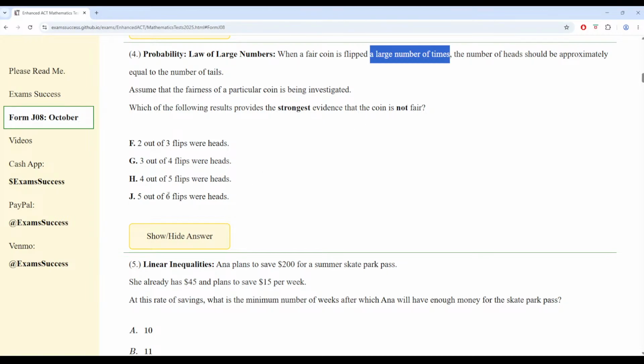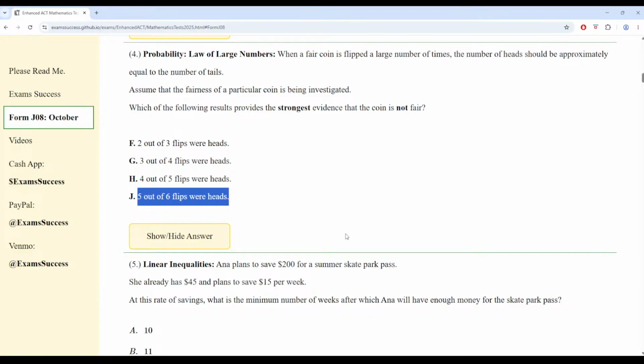Somebody might argue, hey, 6 flips is not large. I know. We are working with the options that we are given. So we look at the most likely option, which would be this option here.